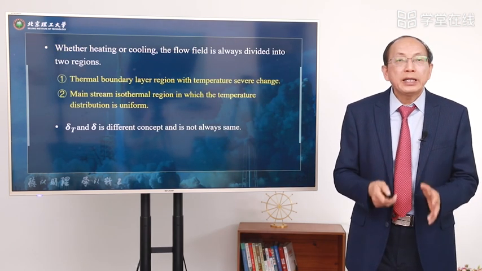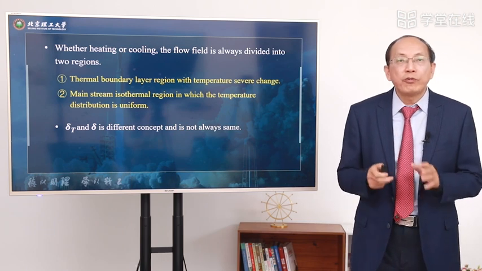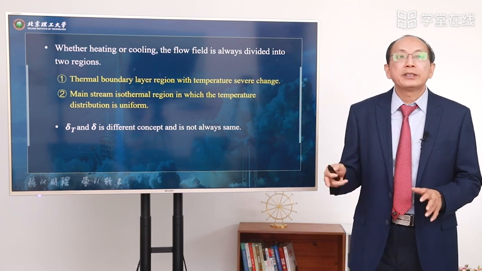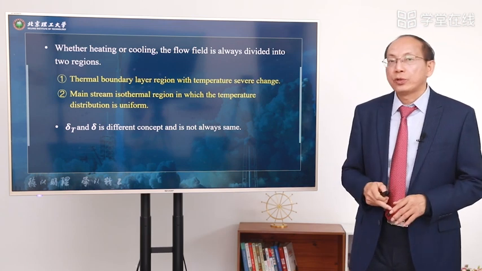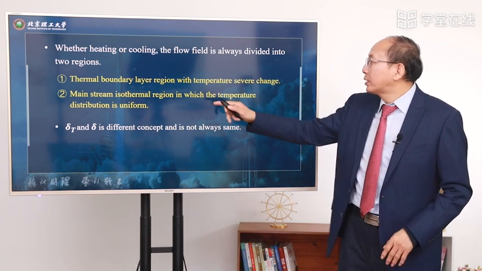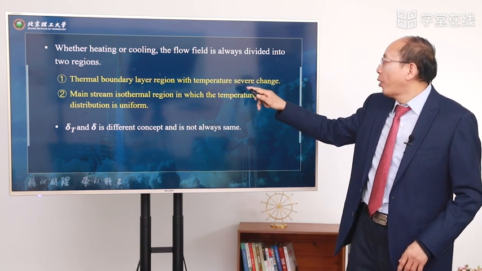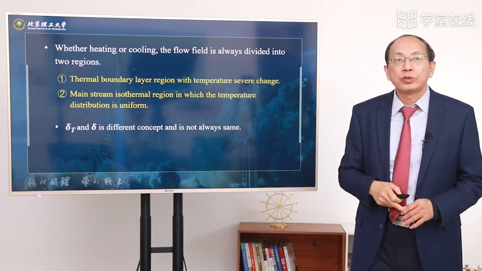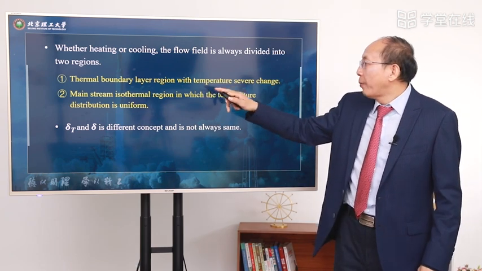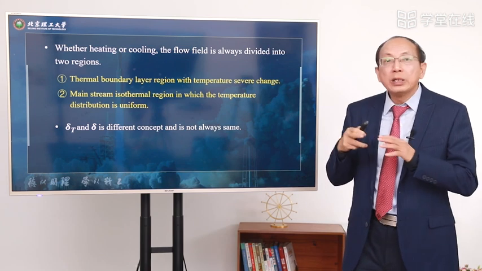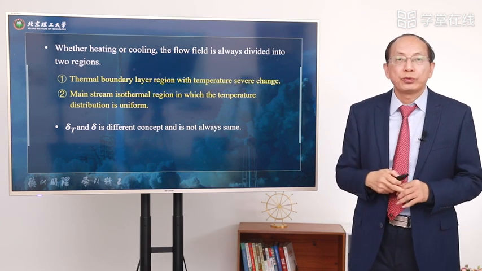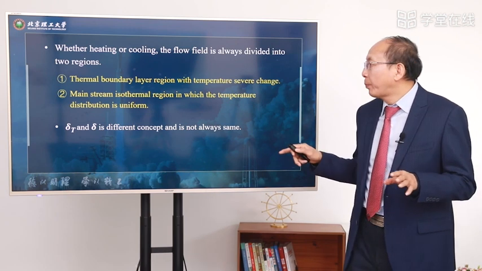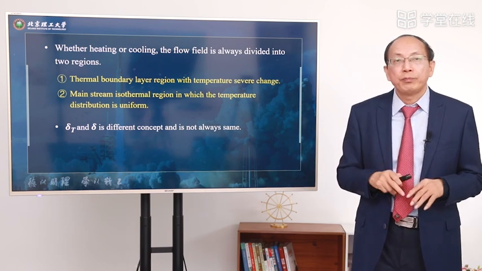Whether heating or cooling, the flow field is always divided into two regions. One is the thermal boundary layer region, with severe temperature change. The second is the mainstream isothermal region, in which the temperature distribution is uniform.